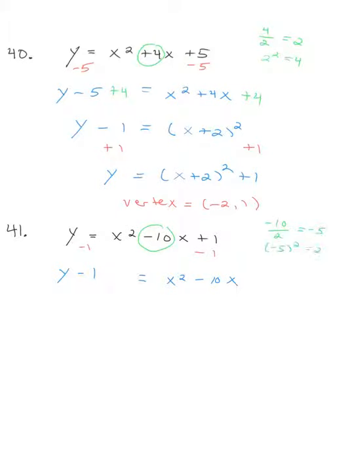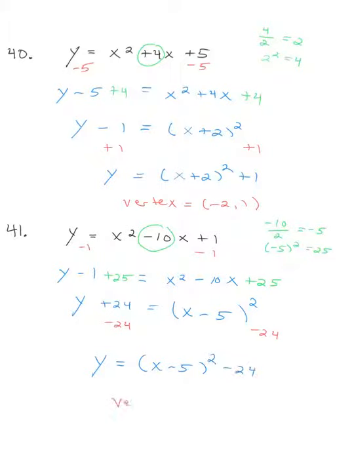And if I square negative 5, I get 25. That is the number I add to both sides of my equation. We get y plus 24 is equal to, and my perfect square has to be x minus 5. After subtracting 24 from both sides of my equation, I have my answer. Y is equal to x minus 5 squared minus 24, meaning the vertex is equal to 5, negative 24. We went 5 to the right and down 24.